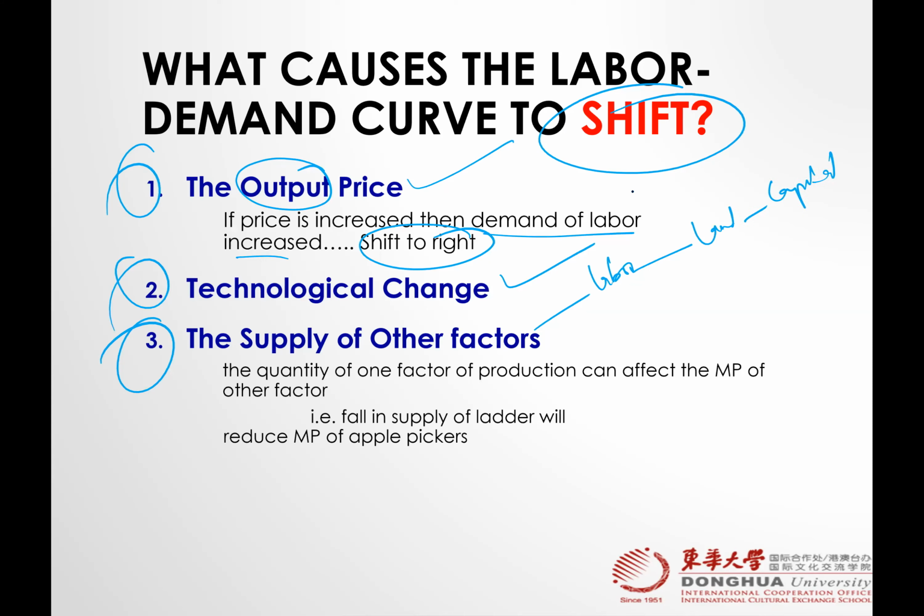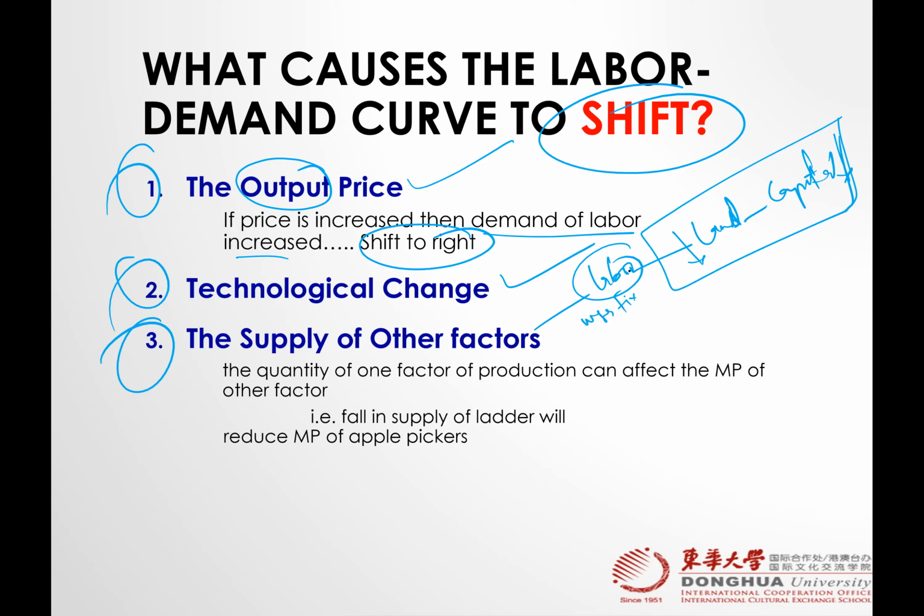If labor prices are fixed, wages are fixed, what if the rent on the land decreases or the capital cost decreases? What happens? Demand for labor rises.